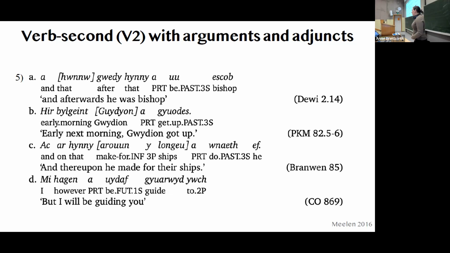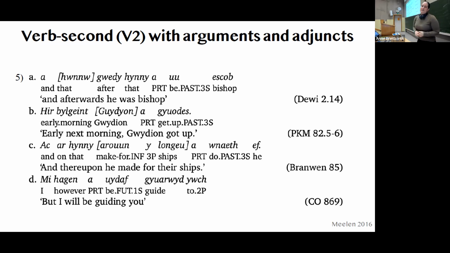Now, crucially, for languages that are verb second languages, what very often is the case is that there's only one argument. So the argument is here in square brackets. There's only one subject or one object that precedes the verb, and the rest are adjuncts. And you can do that in Welsh, which basically gives you some sort of flexible verb second word order.